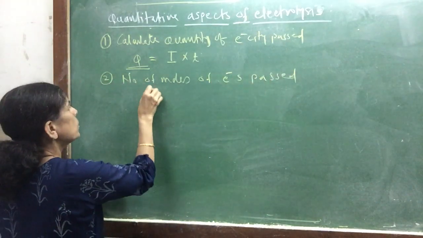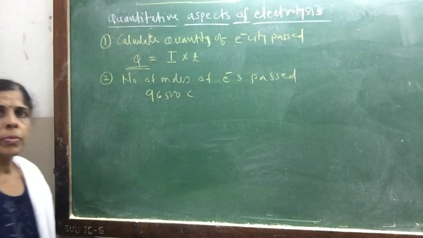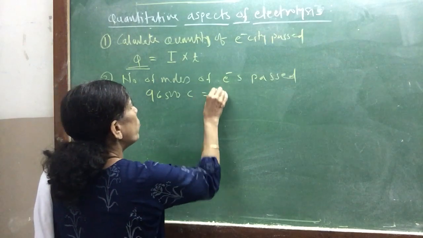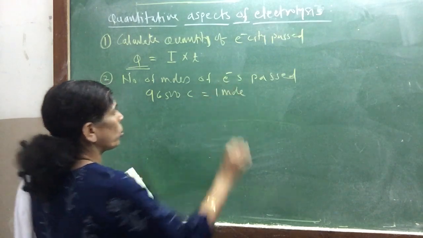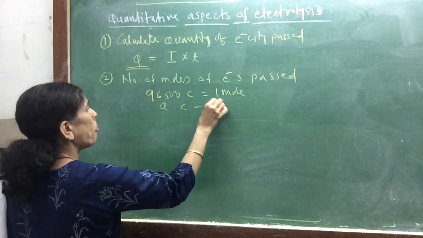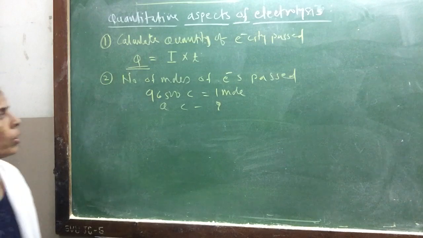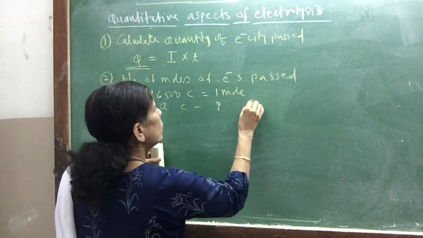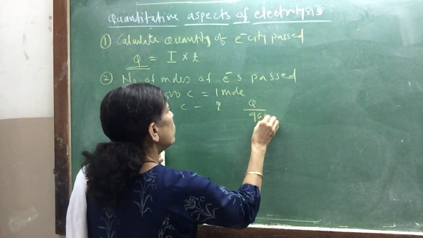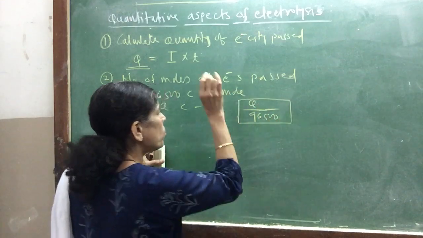So you know 96500 coulomb is equal to 1 mole of electrons. So if you are passing 2 coulomb of electricity, how many moles of electrons are we actually passing? Q upon 96500, that is the number of moles of electrons passed.